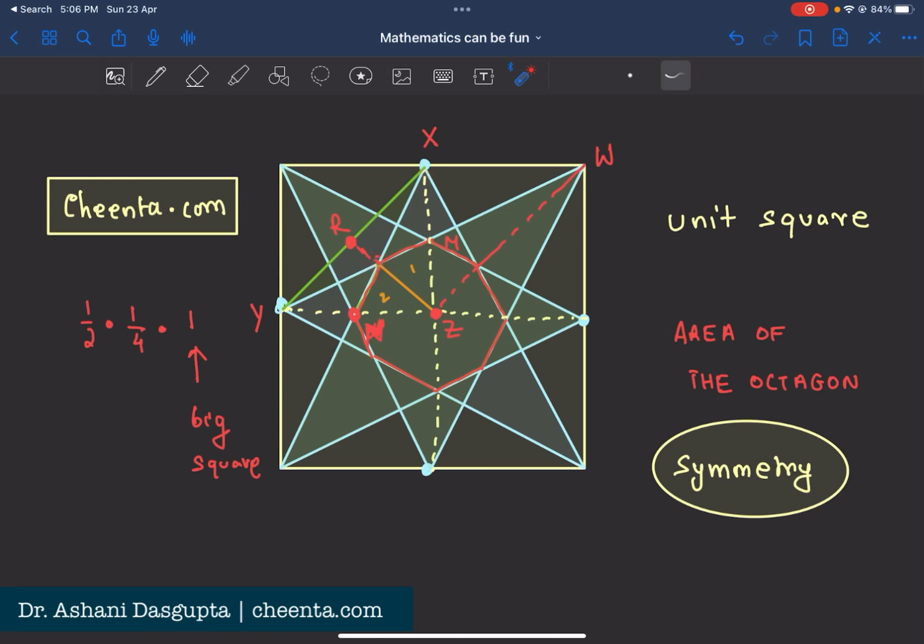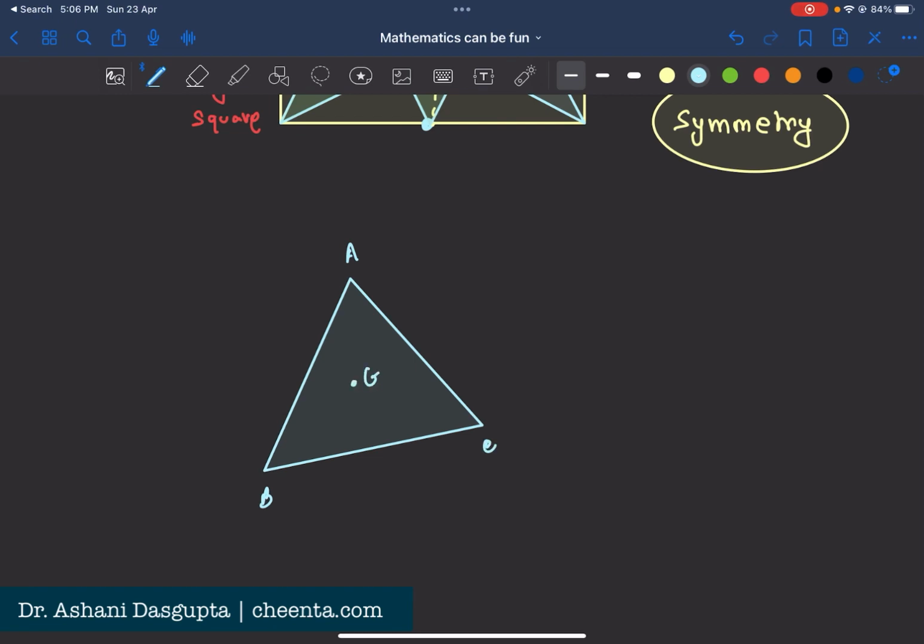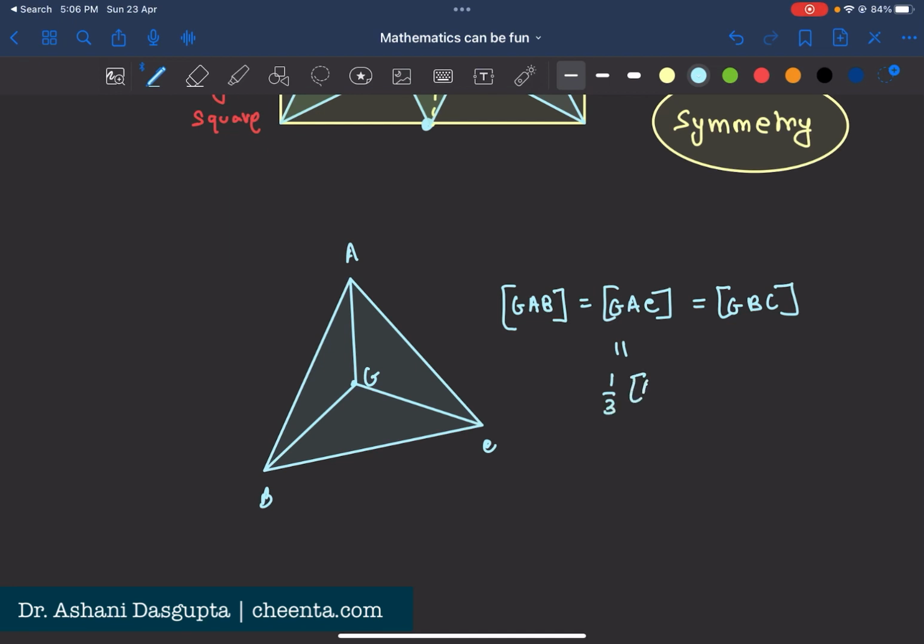If you have any triangle, let me draw a separate picture for that. Let's call it ABC, and let's suppose G is the centroid. And if I join GA, GB, and GC, then the areas of each of these triangles, GAB, GAC, and GBC, are all equal, and they're equal to 1/3 of the area of triangle ABC.